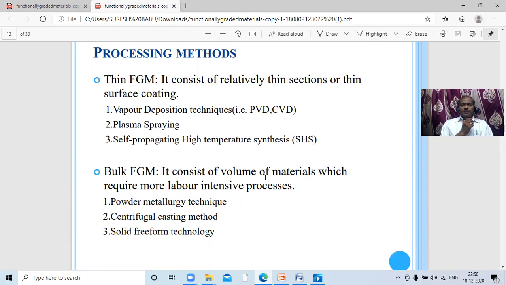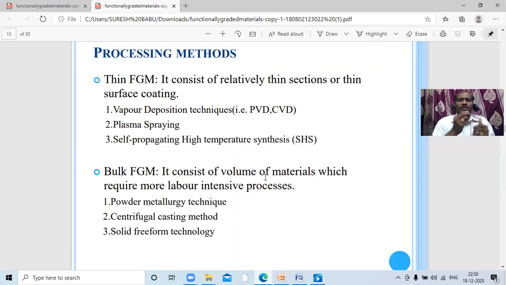So thin FGM is possible with the above three methods, and bulk FGM is possible with the powder metallurgy technique, centrifugal casting method, and solid free form method.